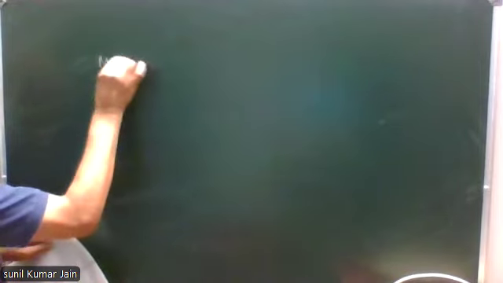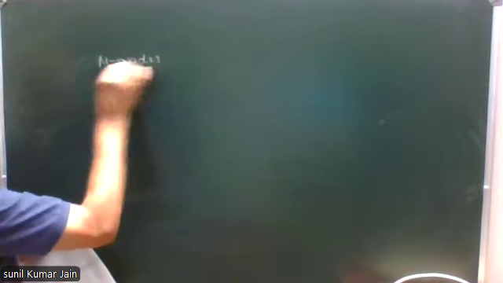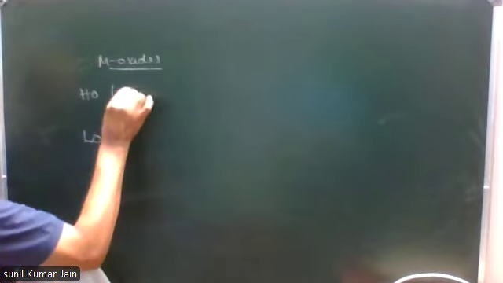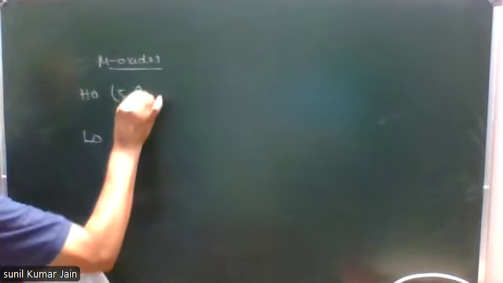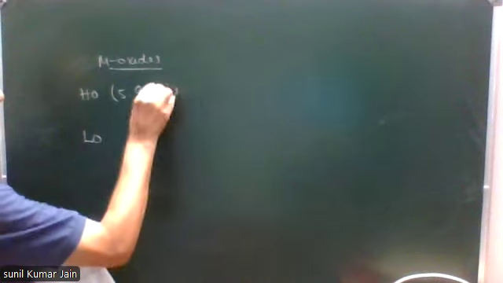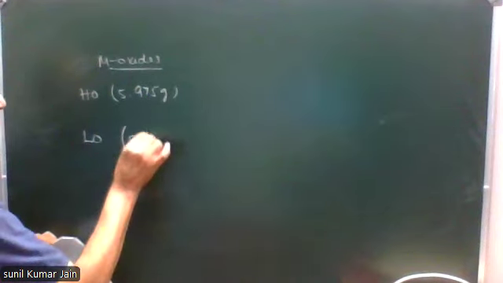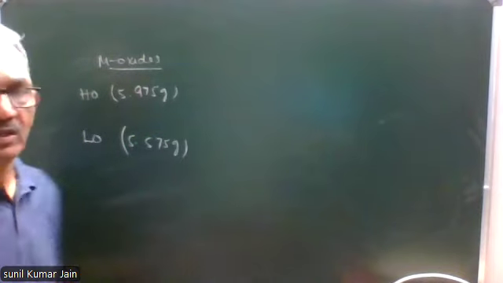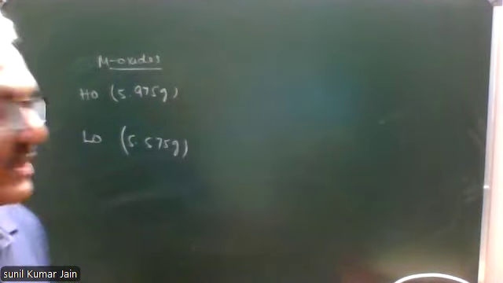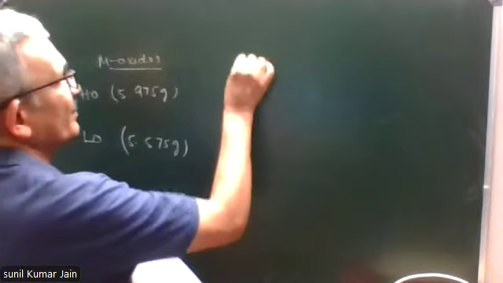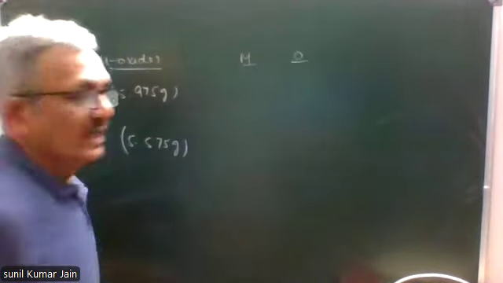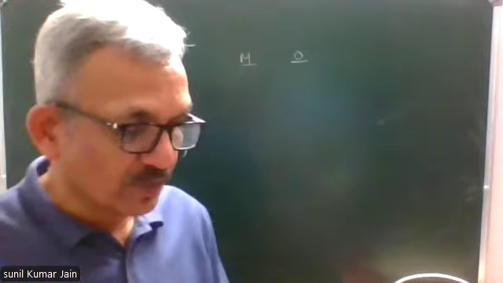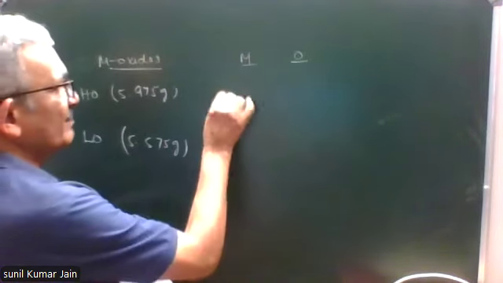So metal oxide, higher oxide, lower oxide, 5.975 grams, 5.575 grams. Lower oxide obtained is 5.575 grams. Ultimately, metal obtained is 5.175 gram.